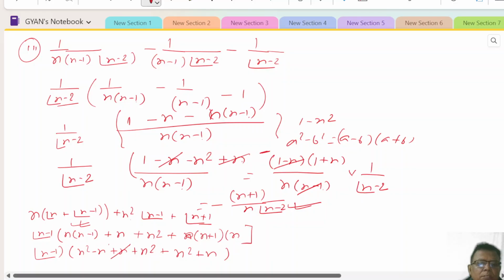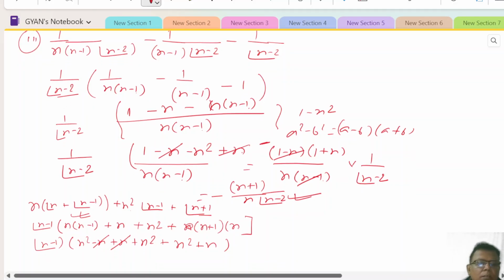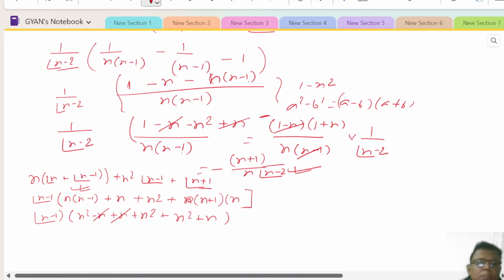So this gets cancelled. So this is n square, 3 n square. So factorial n minus 1 into 3n square plus n.